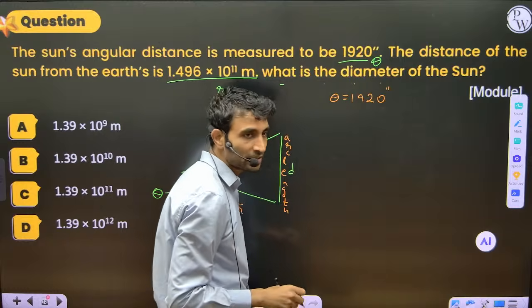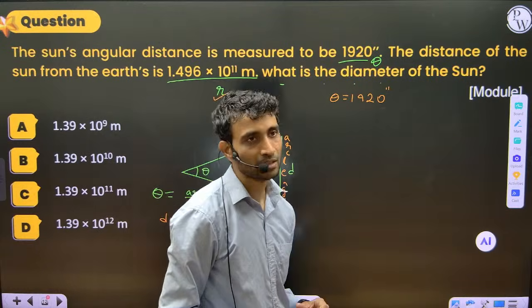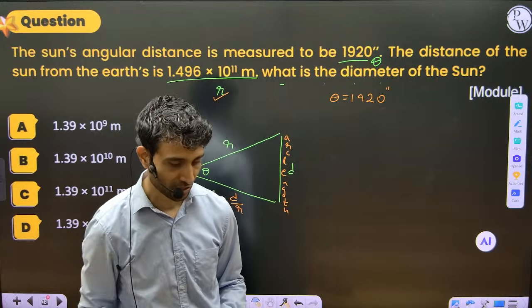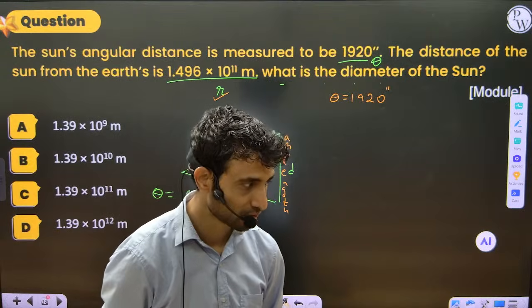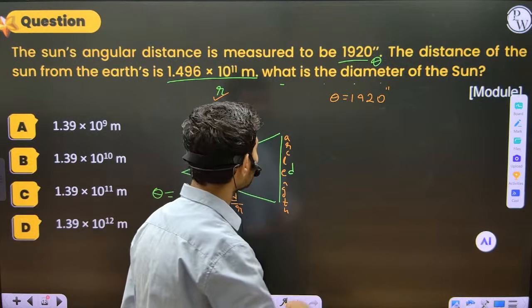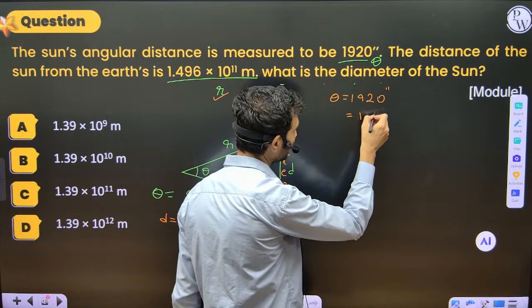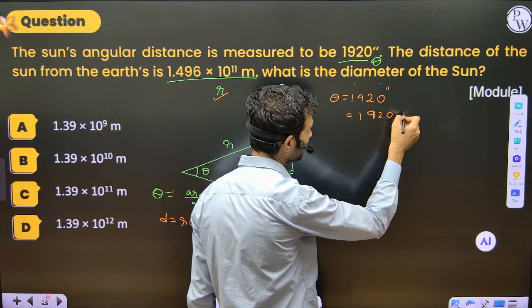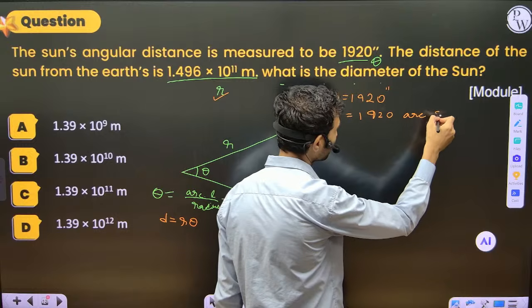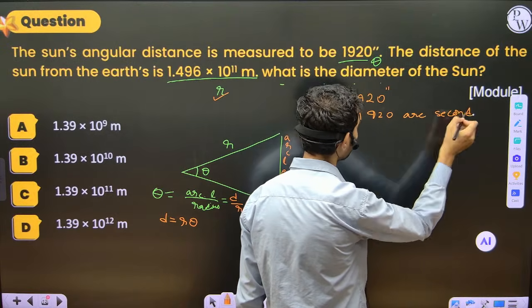So the problem is, theta is given in which units? In double dashes there. Double dashes signify what? So that tells me that this is nothing but 1920, and double dash means arc second.